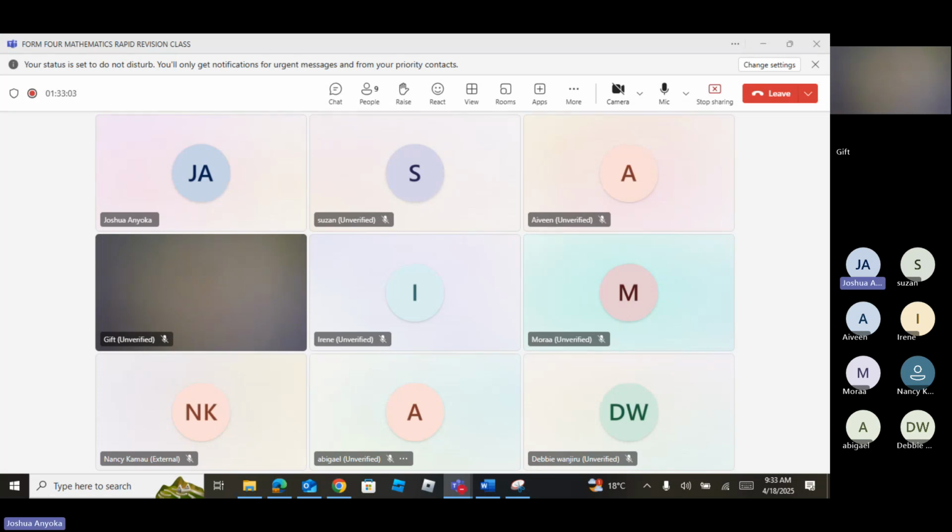Irene, what do you have? I found the value of x as 10. Irene, x is equal to 10.